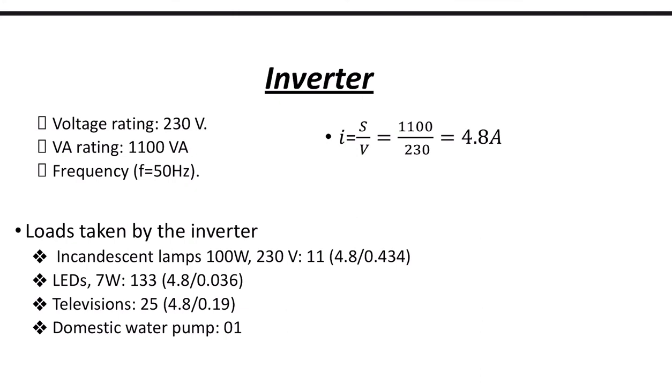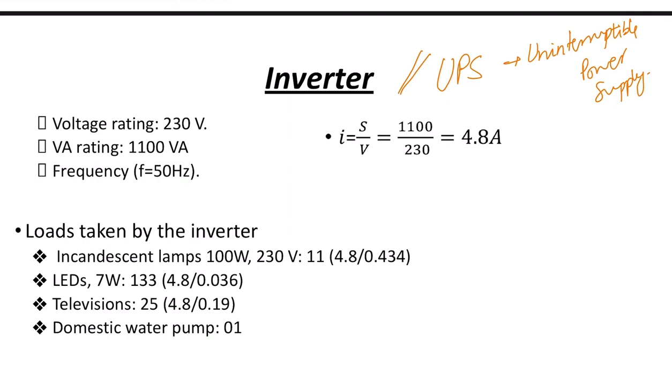Now for an inverter or a UPS, which we have in our homes, UPS stands for uninterruptible power supply. This inverter or uninterruptible power supply is used to provide power in case of an outage.